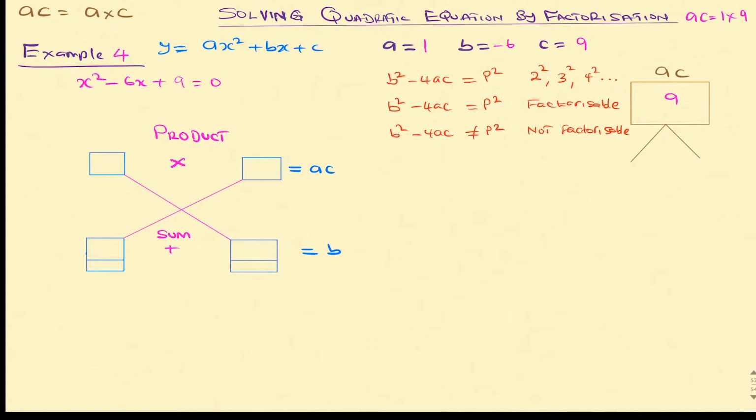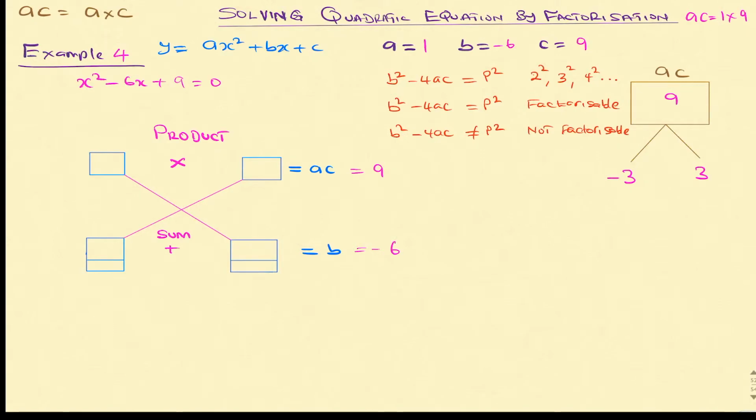In this case, we need two numbers we can multiply together to get 9, and we can add them together to get minus 6. So the two numbers in mind are 3 and 3.